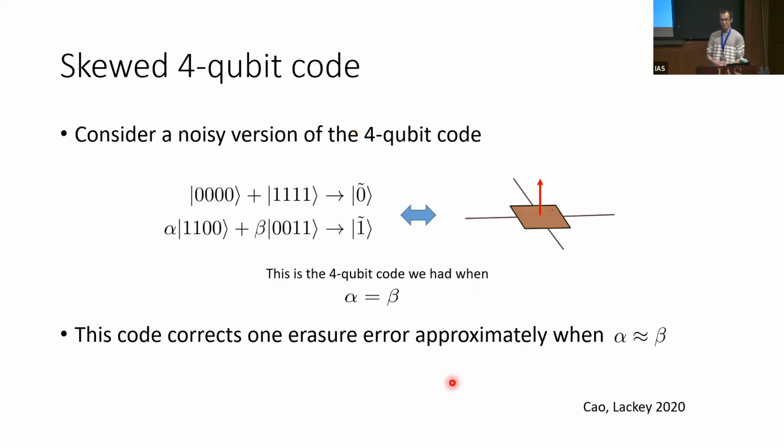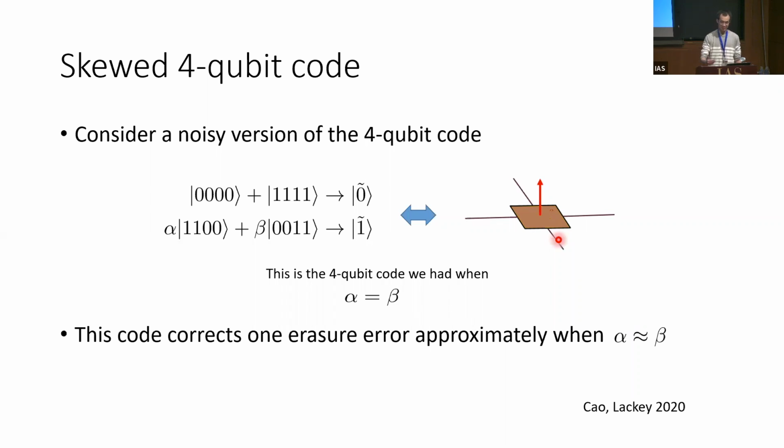So let me give you an example. Here's an example of an approximate quantum error correction code. The only difference from the 4-qubit code that we've seen so far is that we're adding alpha and beta into the definition of this one state. And this encoding map will be represented as this brown square from now on.